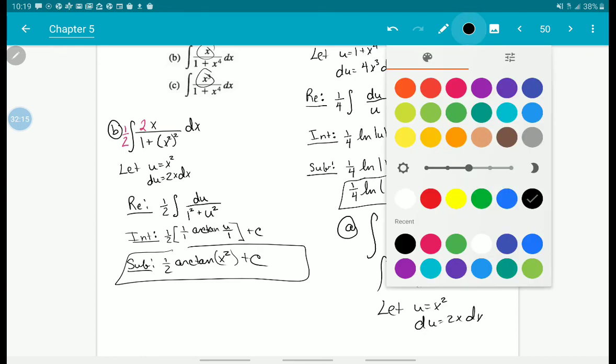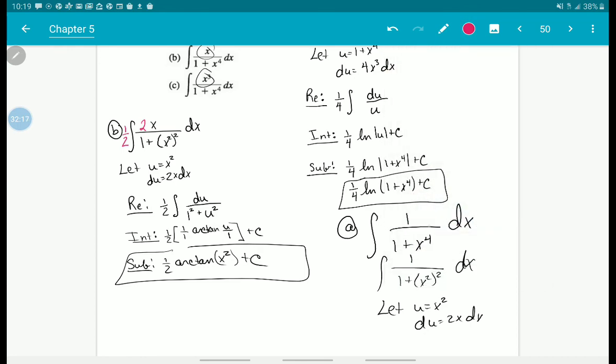And just like we said in the last example, we can't really just multiply by 2x over 2x. Because when we do, that changes the domain of this problem. Now we've got an x in the denominator multiplied by 1 plus x to the fourth. And now we're saying 0 isn't an option.